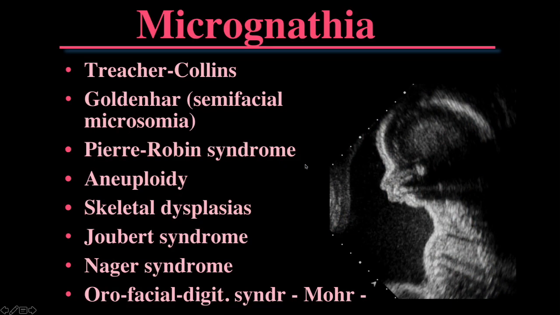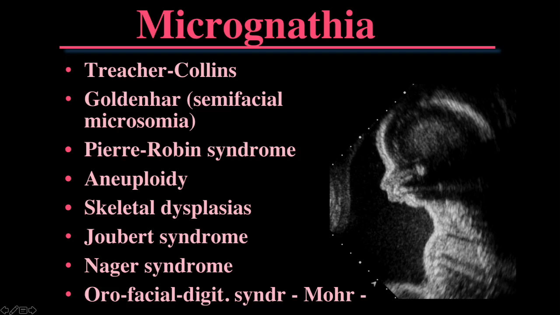Now, going on to micrognathia, there's another group of syndromes, and as many of you know, I'm big on syndromes, and so I always think of it from the point of view of what else is there that you can sort of put into a syndrome, because isolated micrognathia would tend to be something like a Pierre Robin, which would probably have a cleft palate as well. But then you could be dealing with something much more severe, such as the Joubert syndrome, where you also have a Dandy-Walker abnormality, or Nager syndrome, where you also have a short radius on both sides.